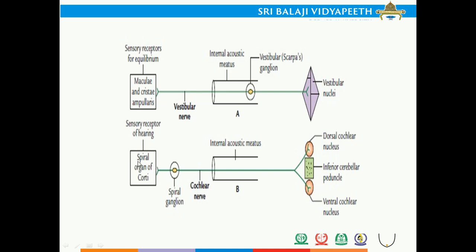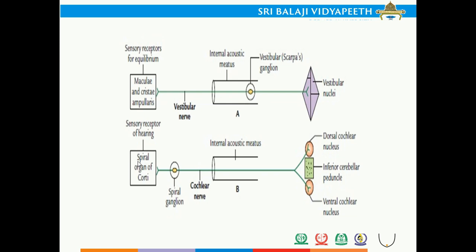So the vestibular nerve is concerned with balance, arising from the vestibular nuclei, and the cochlear nerve is responsible for hearing, which arises from the dorsal and ventral cochlear nuclei in the pontomedullary junction. So the cochlear nucleus is mainly located closer to the inferior cerebellar peduncle, and it joins to form the cochlear fibers that enter into the internal acoustic meatus.